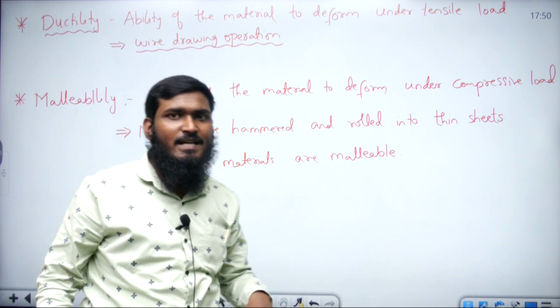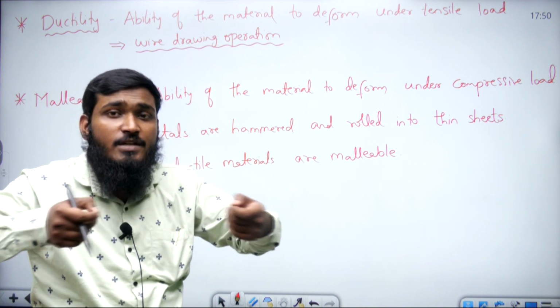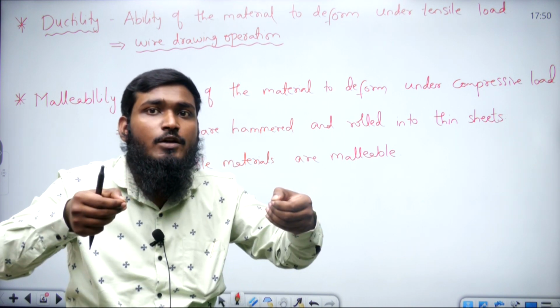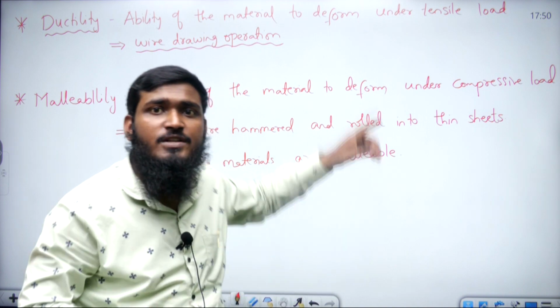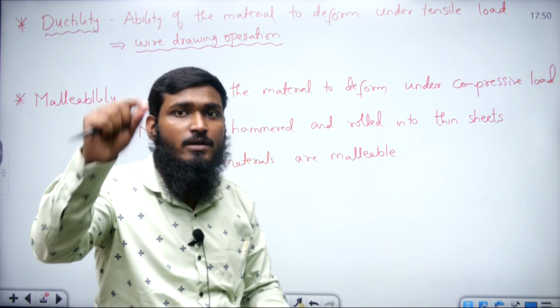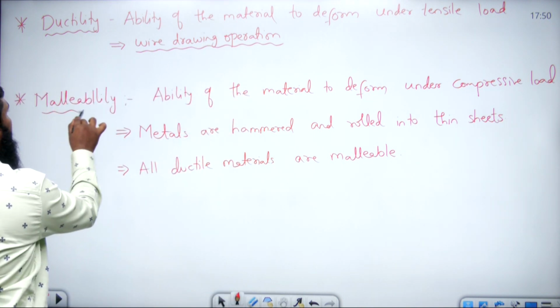Whenever we take ductile materials in wire shape, circular shape, we perform the hammering operation and make them into thin sheets. Whenever we perform that hammering operation, we make thin sheets.